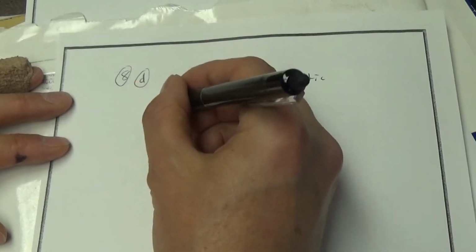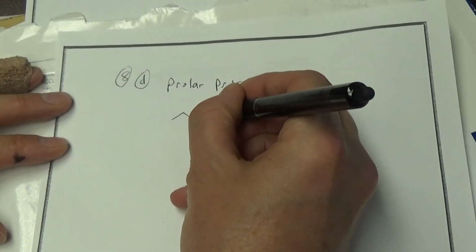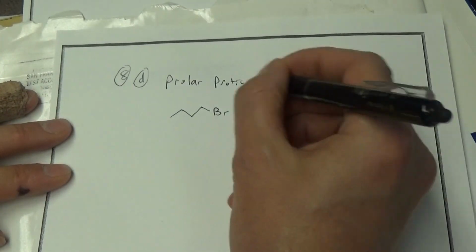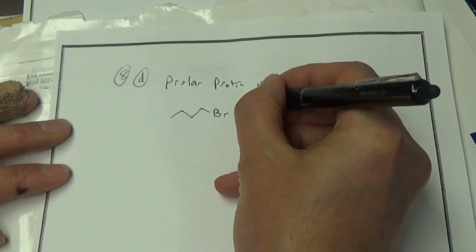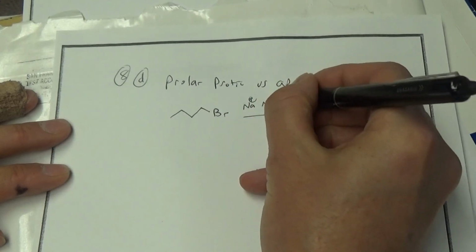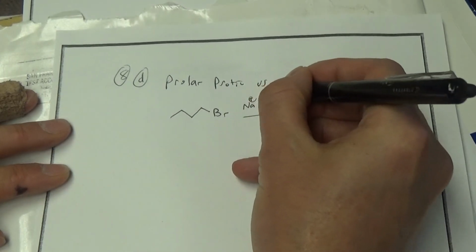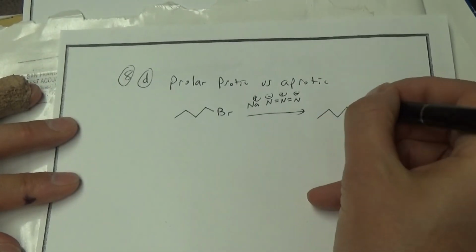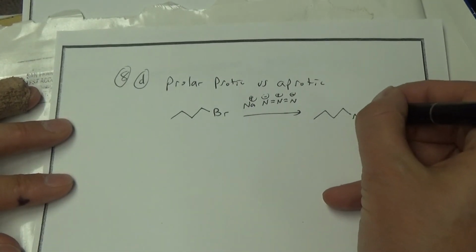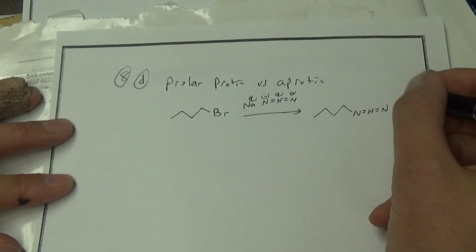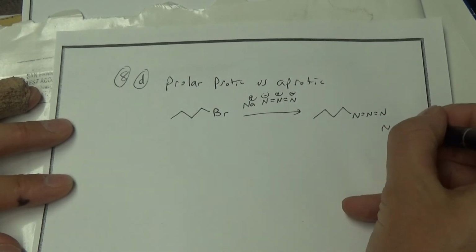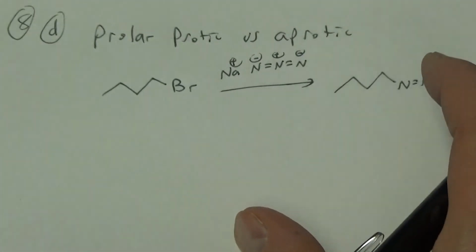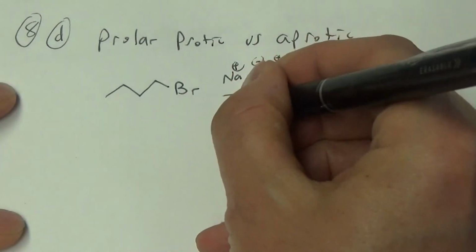Real quickly though, I'm not going to spend much time on this one. 1-bromobutane, and sodium azide, which we've talked about before, N double bond N, negative, positive, negative, to make azidobutane, and then NaBr is the byproduct. Then we vary the solvent.